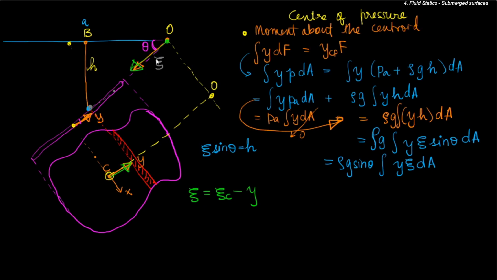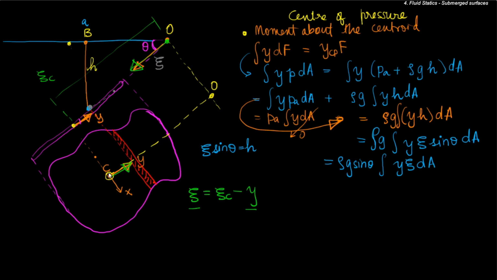Effectively we are writing down how xi and y are related. So basically when y is equal to 0, that is we are at the centroid, xi has to be equal to xi c. So this total distance is the xi c, the centroid.